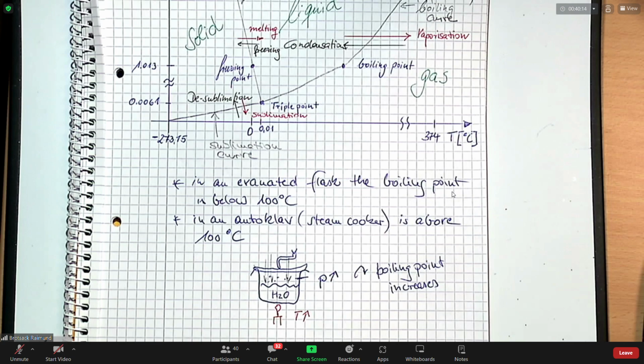In the liquid, they can move, but they are nearly close together. We talked about hydrogen bridges. In the gas phase, we don't have them. They are far away. Each gas molecule is free. In the liquid, they're close, and in the solid, they are fixed in the ice crystal. They cannot move. High pressure doesn't allow them to come out into the gas phase.